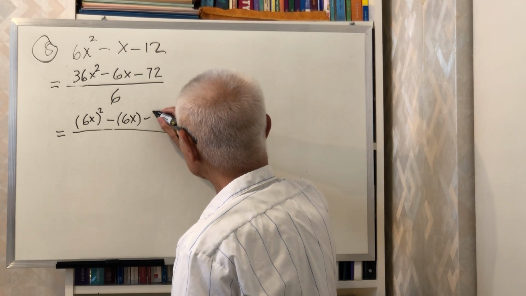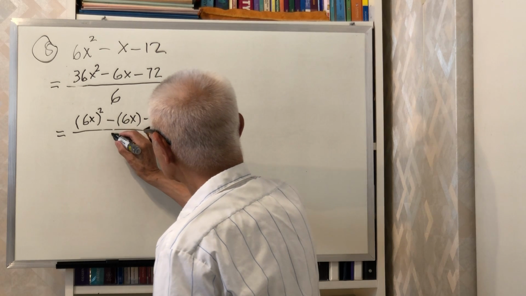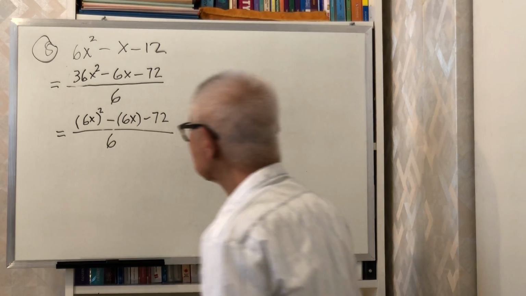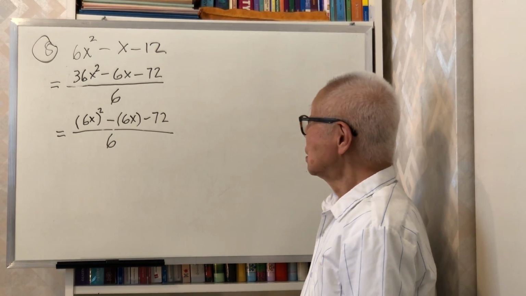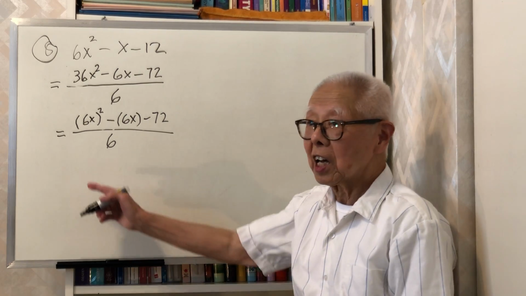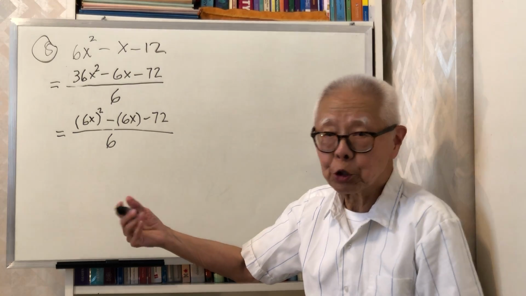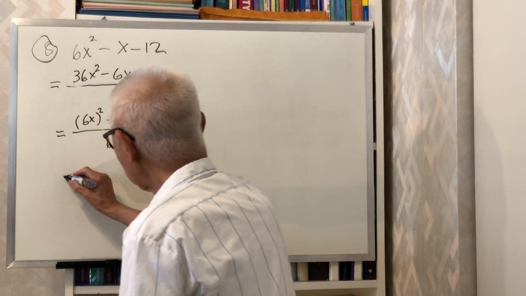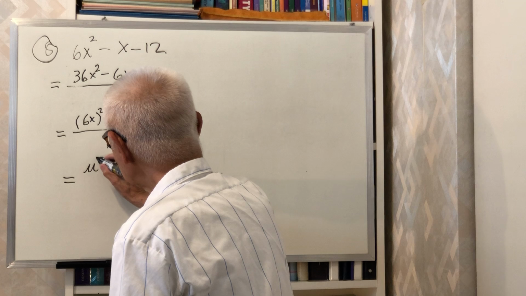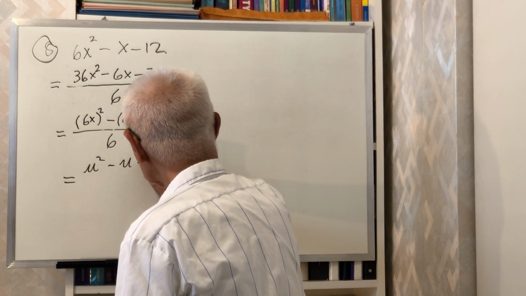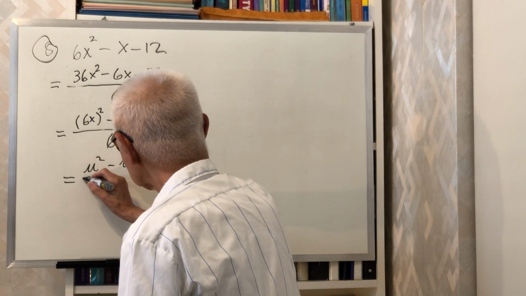And minus 72. I can consider 6x as another variable, u. So I can write u squared minus u minus 72.